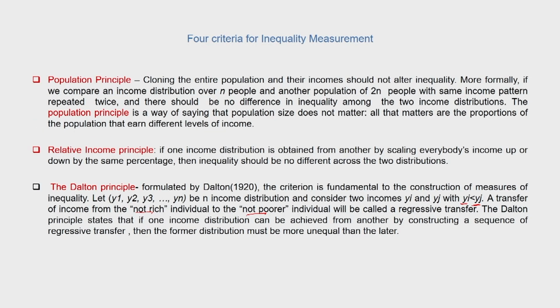So based upon these principles, in economics we try to come up with an inequality index which will help us answer some of the questions with less bias. In this context, there are two measures of inequality which are highly discussed. One is the Lorenz curve and the second is the Gini coefficient. We will presently see how to read a Lorenz curve and how to read a Gini coefficient.